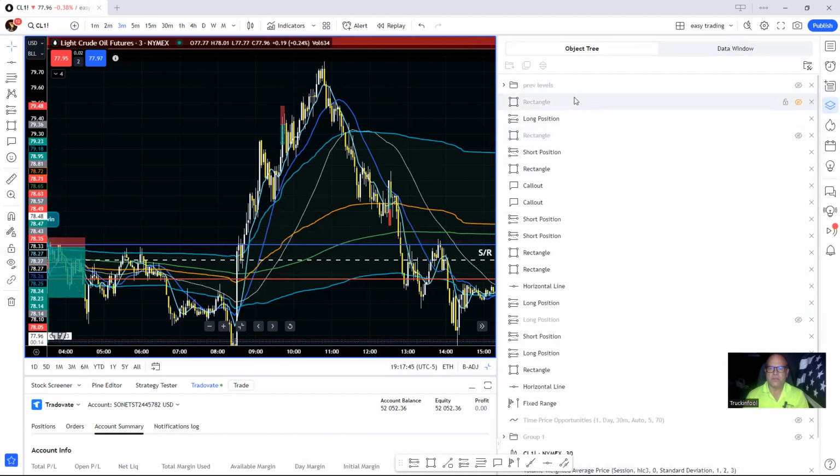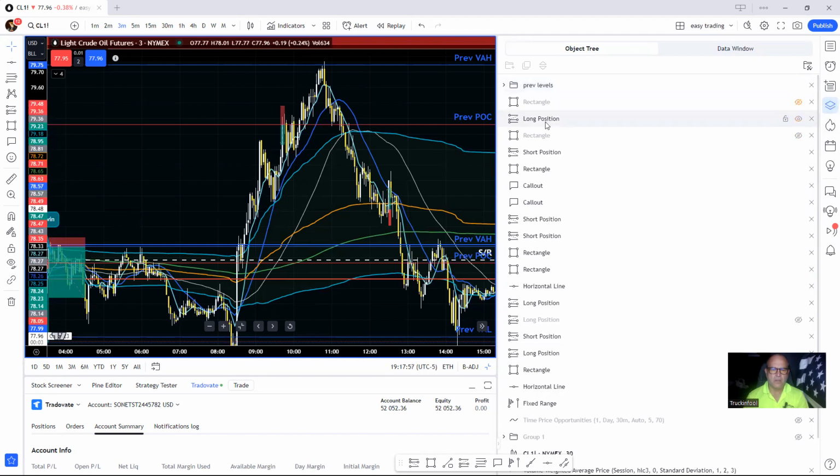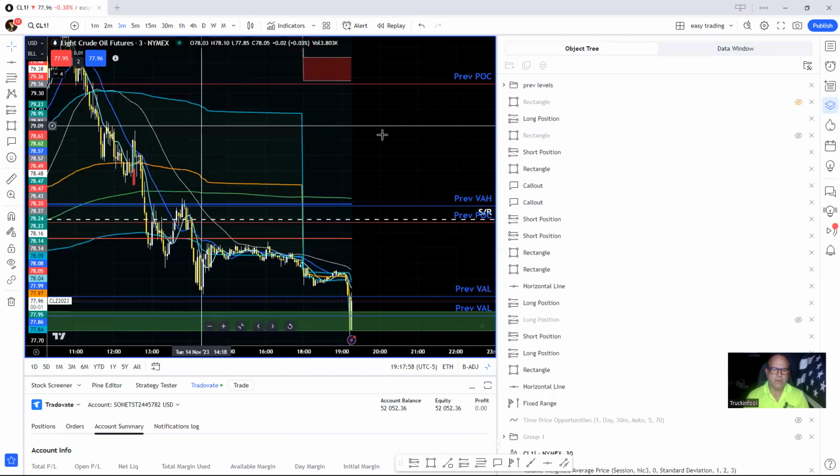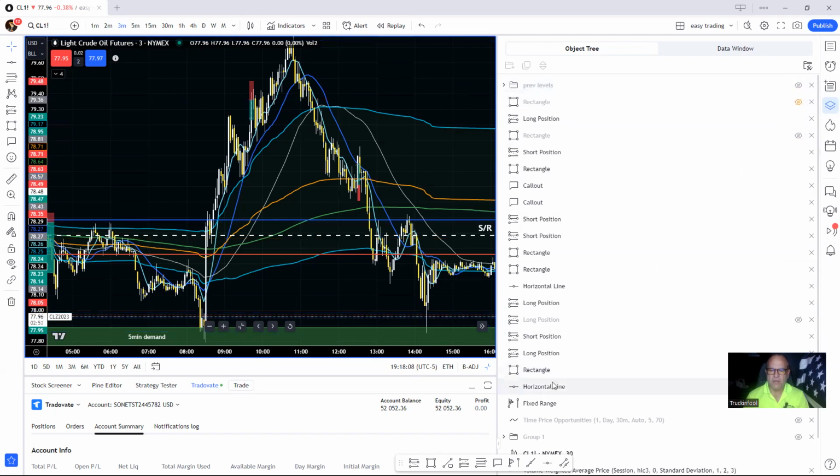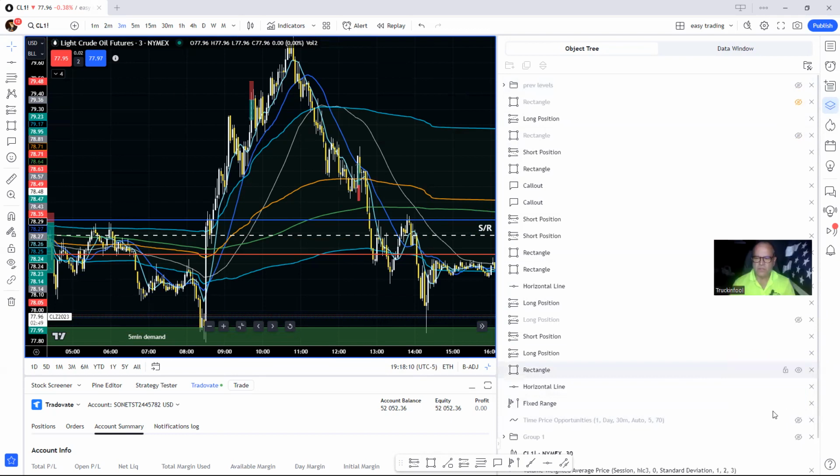I could have sworn I had today's levels done, but obviously not. So we're going to hide that one. What is this one that's hidden? Okay, so that was yesterday's.